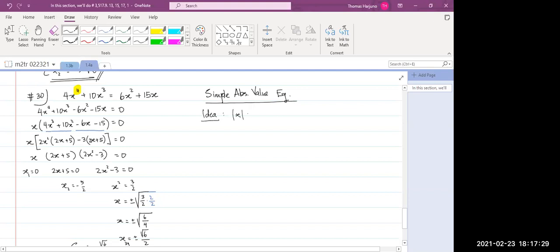Absolute of blah equals the distance of blah from 0. And because it's distance, it's always at least 0.